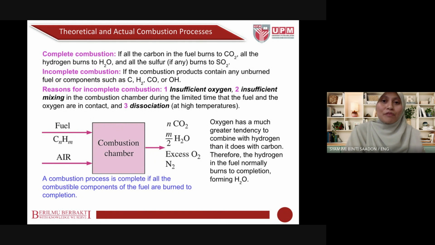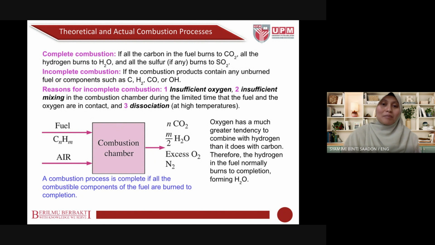If all the carbon in the hydrocarbon fuel burns and becomes carbon dioxide as the product, all the hydrogen burns to H2O, and all the sulfur, if any, burns to sulfur dioxide, SO2, it means that the combustion process is complete.